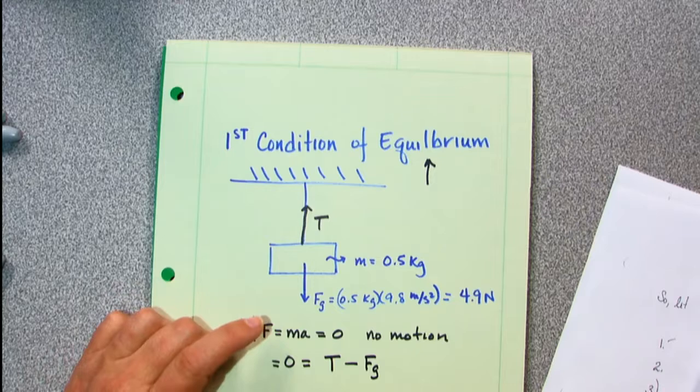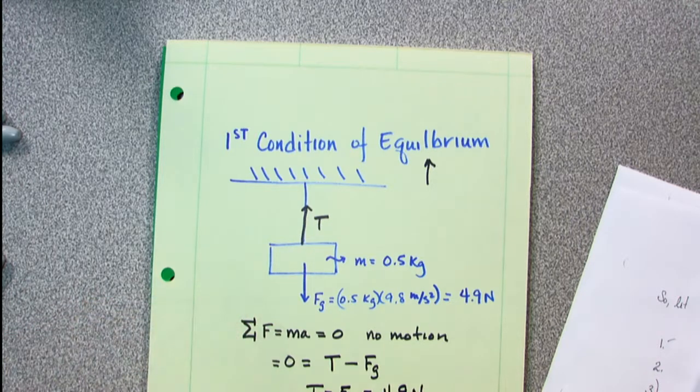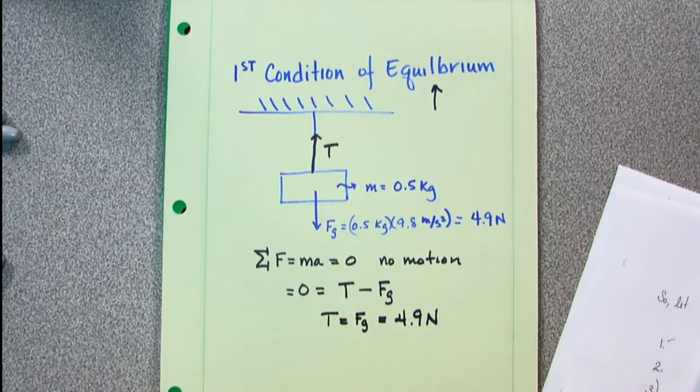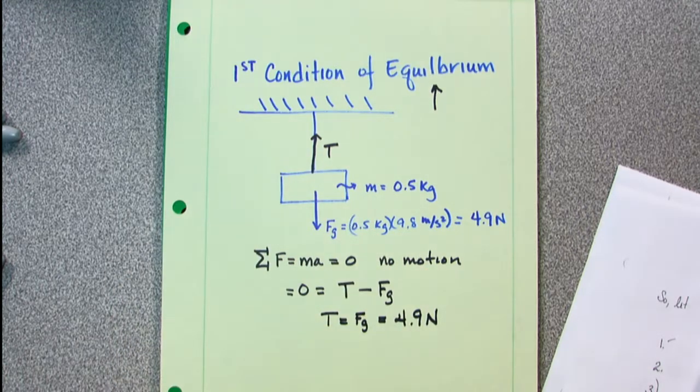And by experience, we know that the tension has got to equal the force due to gravity, and that means that the tension in the rope is 4.9 newtons. So for a simple object, we have 4.9 newtons. So my lamp, that works really well.